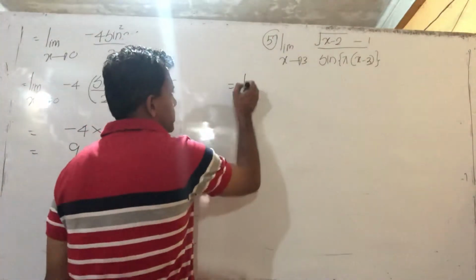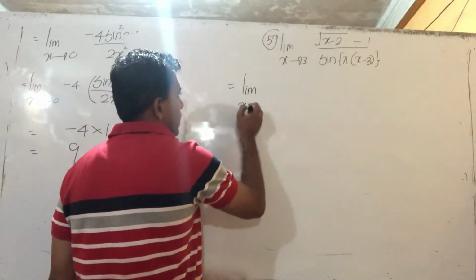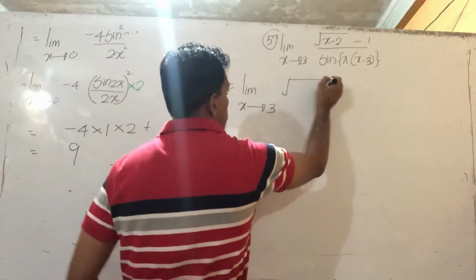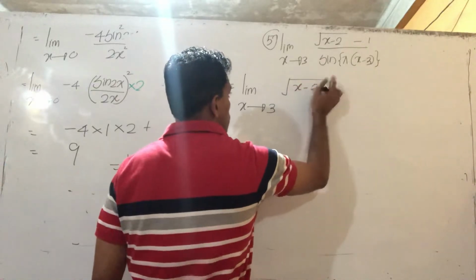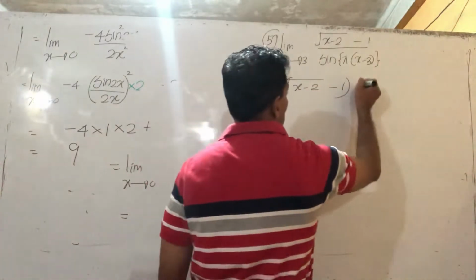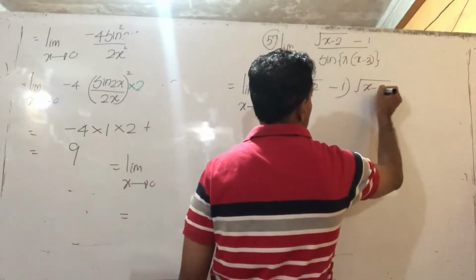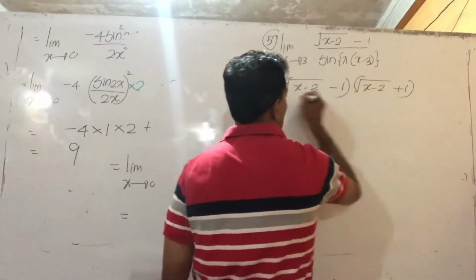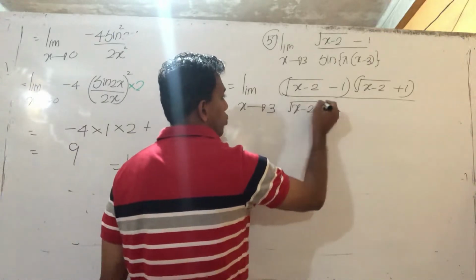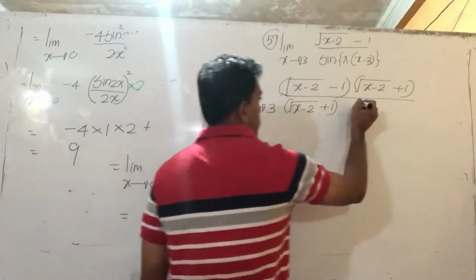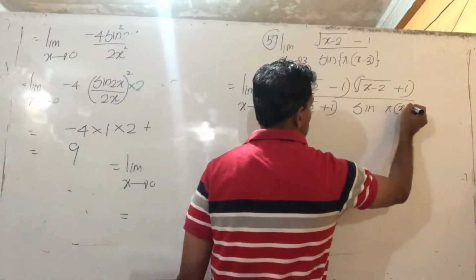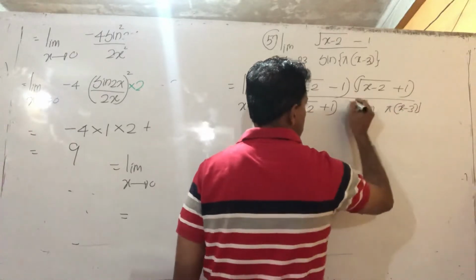So there is limit x tends to 3, square root of x minus 2 minus 1, multiplied by what? Square root of x minus 2 plus 1, over square root of x minus 2 plus 1 into, separately, sine pi into x minus 3. It's like a theta, sine theta.